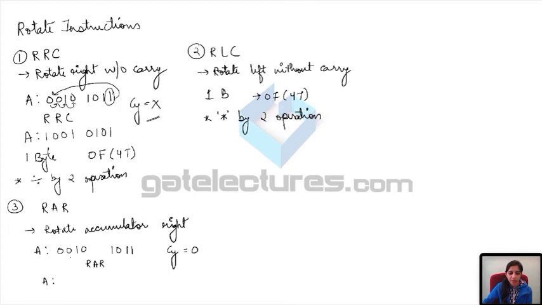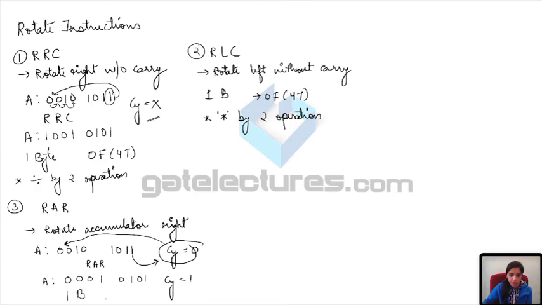every bit of the accumulator is going to shift right, and the carry flag is going to come in place of the MSB, and the carry flag will be overwritten with the LSB. So finally this is what you're going to have after the execution of this instruction, right? So here we are also using the carry flag. Fine.